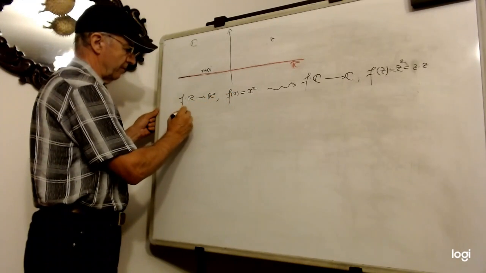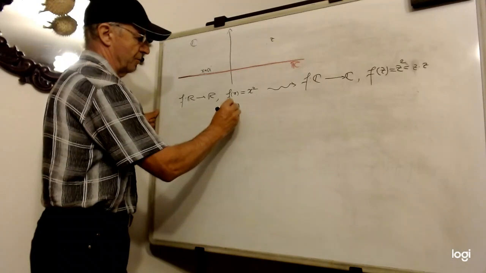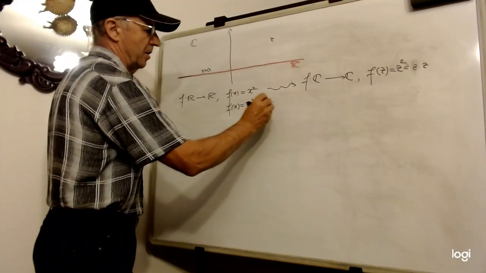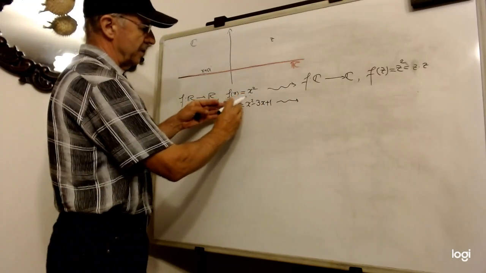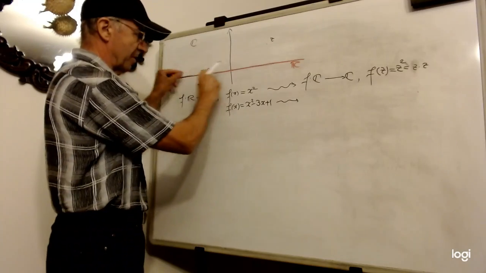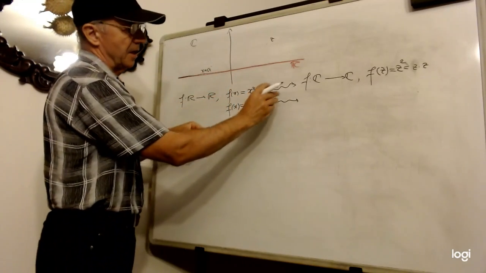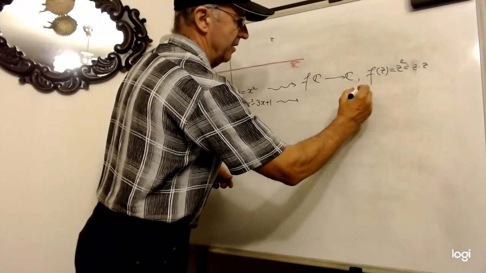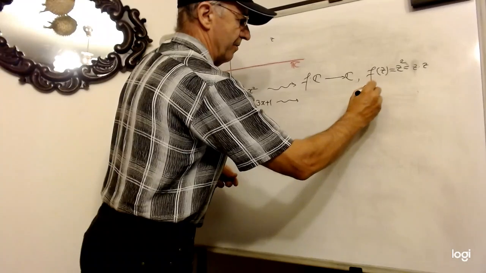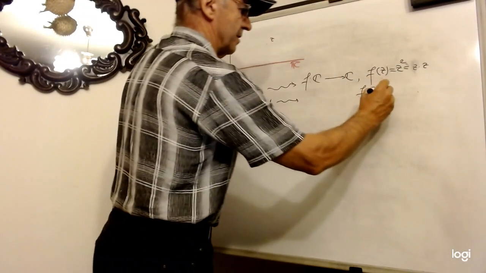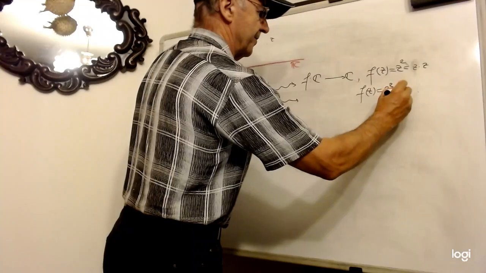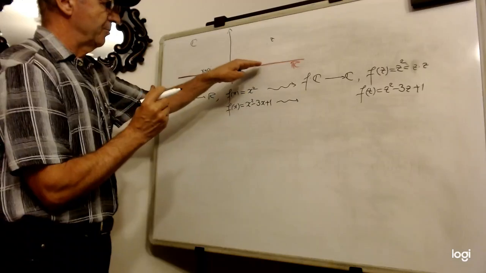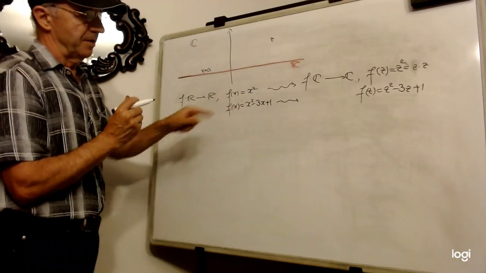Generally, take a polynomial function f of x equals x squared minus 3x plus 1. This is a function from the real axis to real axis, but we can extend it outside the real axis, and we get the function f of z equals z squared minus 3z plus 1. The restriction of this function to the real axis is just this function.